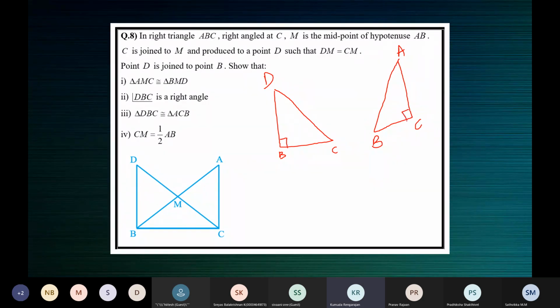We already know ACB is 90. What else do we have? We need to show that these two triangles are congruent to each other. Take the triangles separately. Draw them. Take them individually like this, DBC and ABC. Mark off whatever you know about the two triangles.